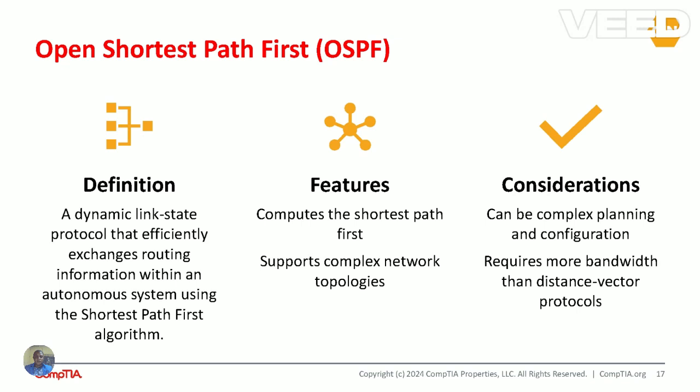It computes the shortest path first, supporting complex networks. Consideration: it can be complex to plan and configure. It requires more bandwidth than distance vector protocols.